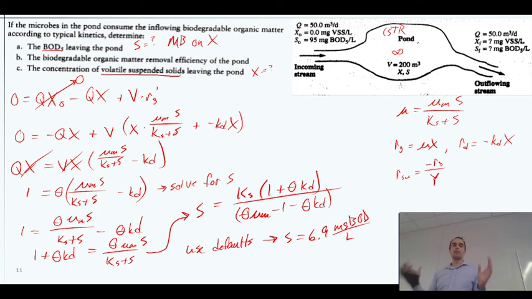The reason I'm giving you this, and the pond is relevant, is because this is a simplified version of the wastewater treatment process. We have bacteria growing in a stirred system, so substrate is being used and then it's going out. So it makes some sense that you'd have this understanding.